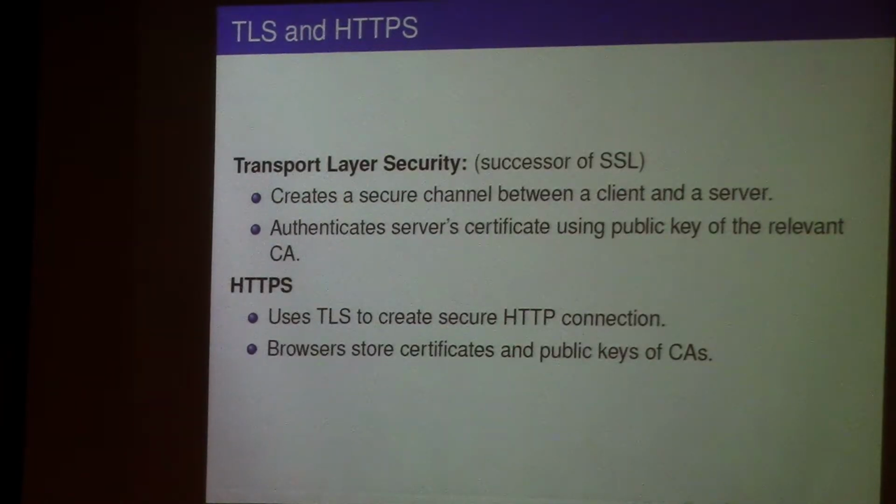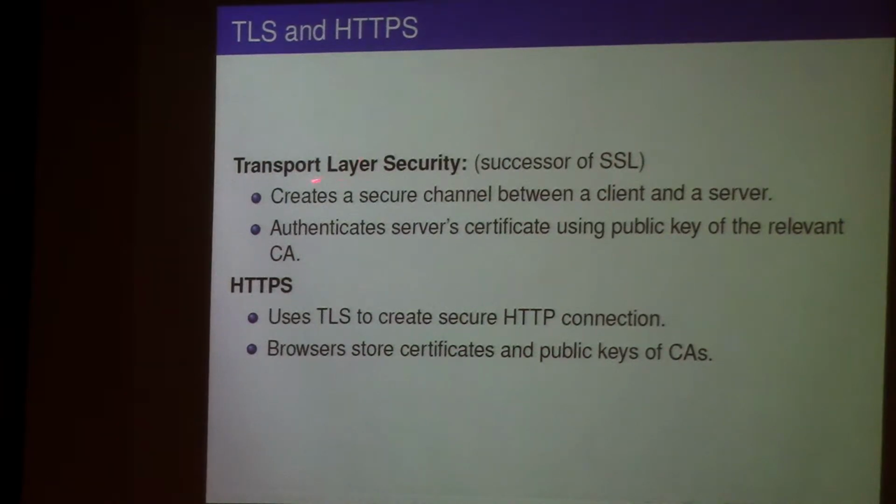Now, no talk about public key infrastructure will be complete without saying how it actually works in practice. Again, these are broad topics, so just summarizing them in two bullet points. Transport Layer Security, TLS, and its predecessor Secure Sockets Layer, both are sometimes together called SSL.